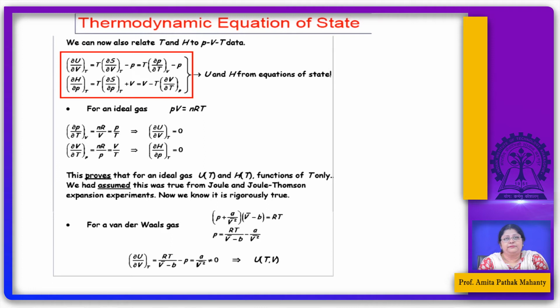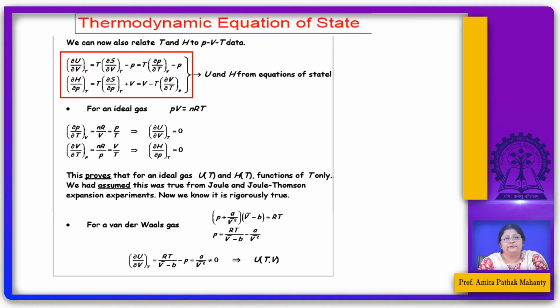That will be nR by V. Substitute that in this equation. What do you get? The T and T cancel off, and P cancels off and gives you zero. So for an ideal gas, it equals zero.